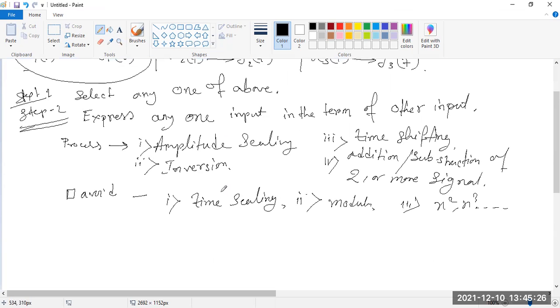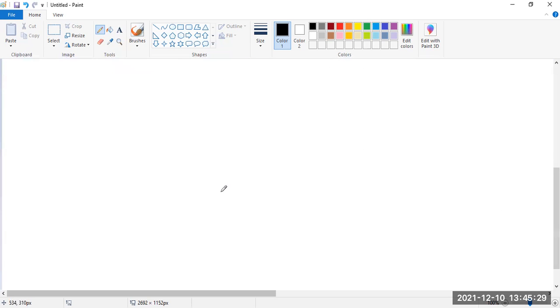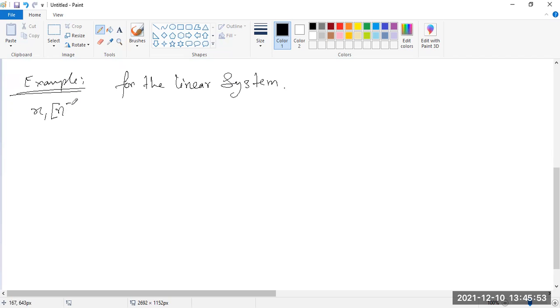Now if we go for the example, then you can understand very easily. First, for the linear system, x1[n] is a discrete system, given as -1, 2, 1.